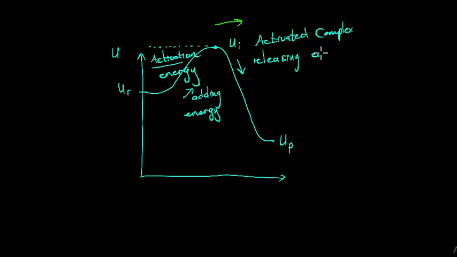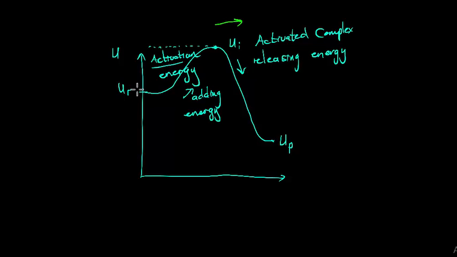Now the reason why we need to add energy is because we need to excite the molecules. The particles need to collide with one another so that they can exchange electrons. We'll look at the collision theory in the next video.